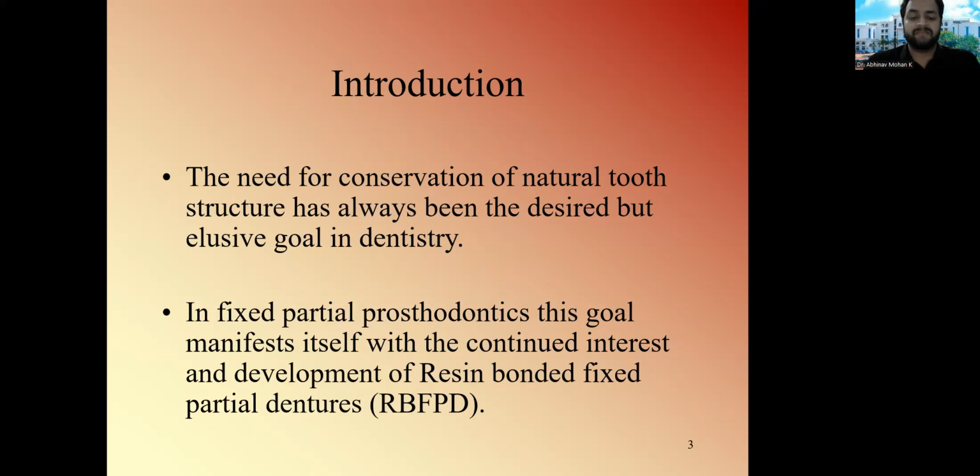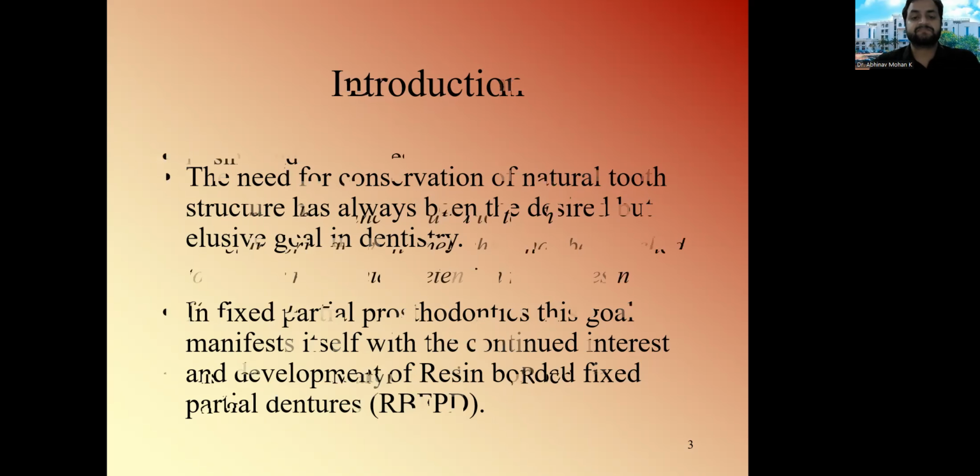But there are other options where you can be more conservative and at the same time rehabilitate the patient with the required aesthetics. That is the option given by resin bonded fixed partial dentures.